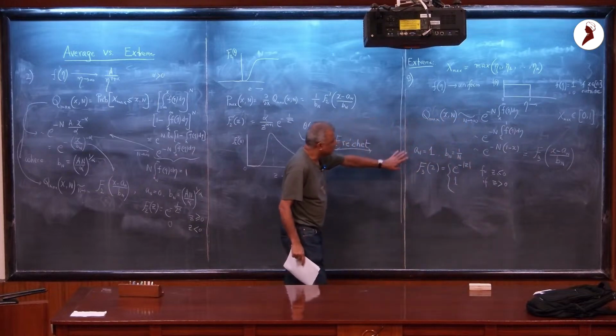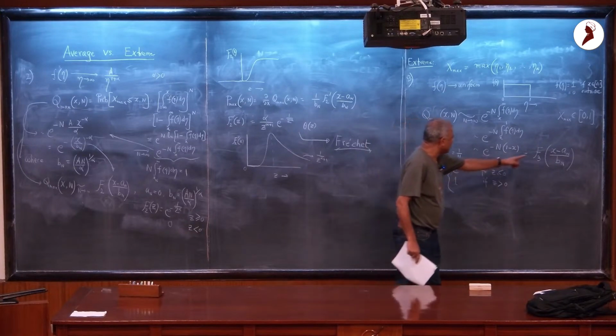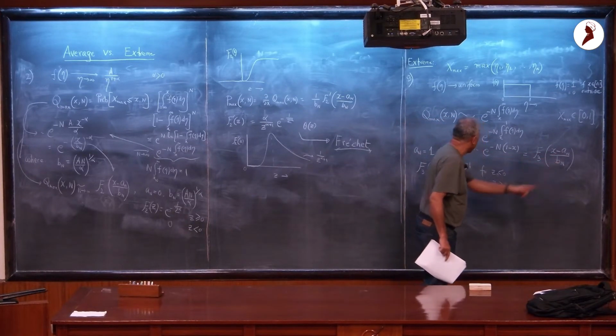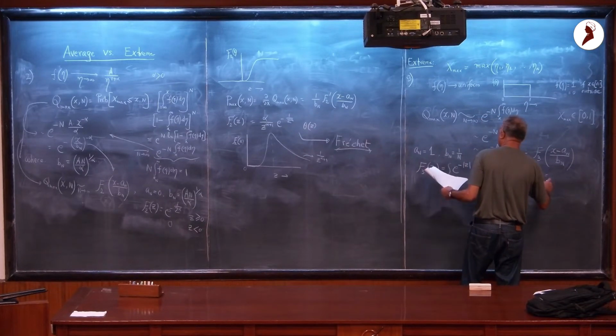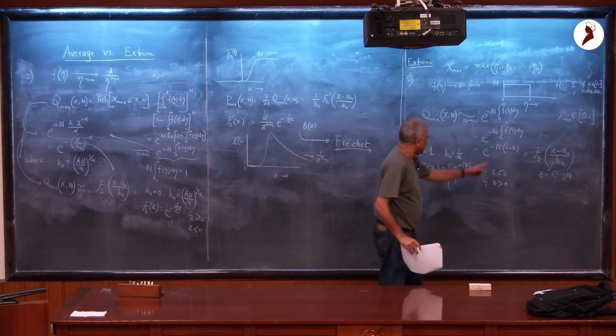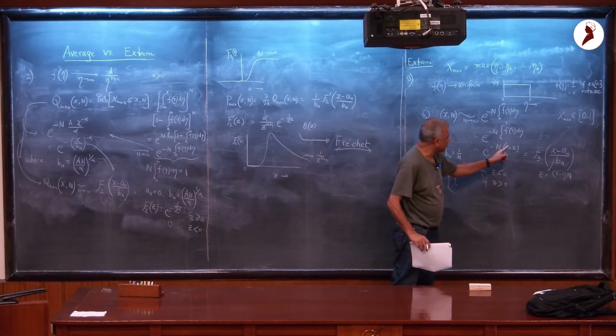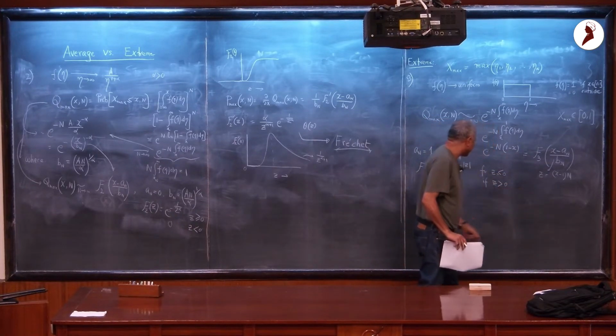Is this clear? Just check. I mean, an is 1 and bn is 1 over n. So therefore, by z, I mean this guy, x minus an over bn, which is just x minus 1 times n, right? And what you have is e to the power minus n times 1 minus x. So it's just the absolute value, because x is less than 1, so z is negative.